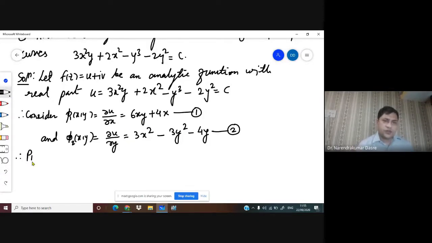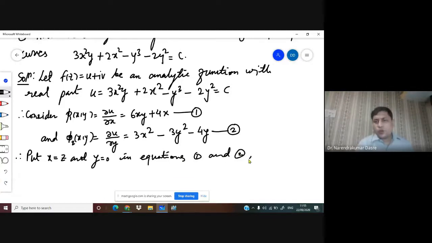So what we do in the third step, we put x is equal to z and y is equal to 0 in equations 1 and 2.